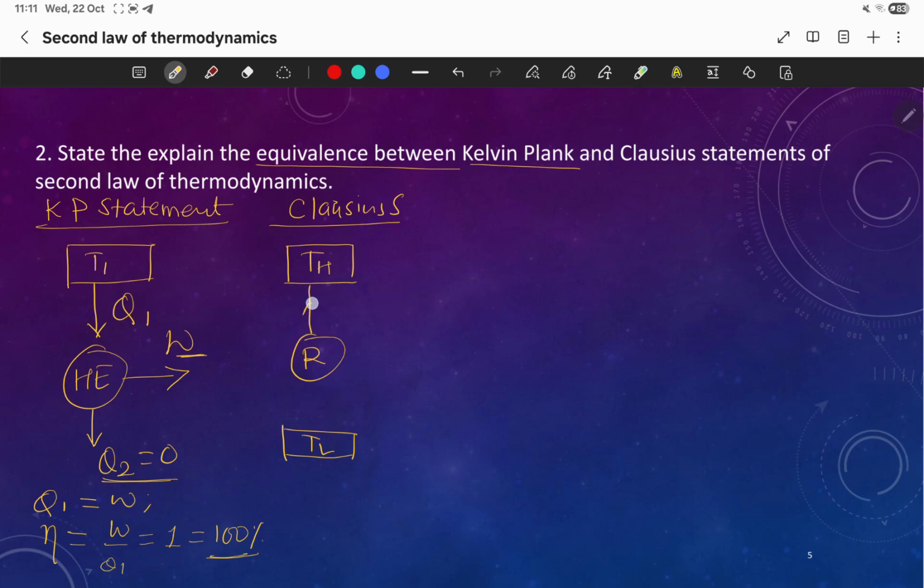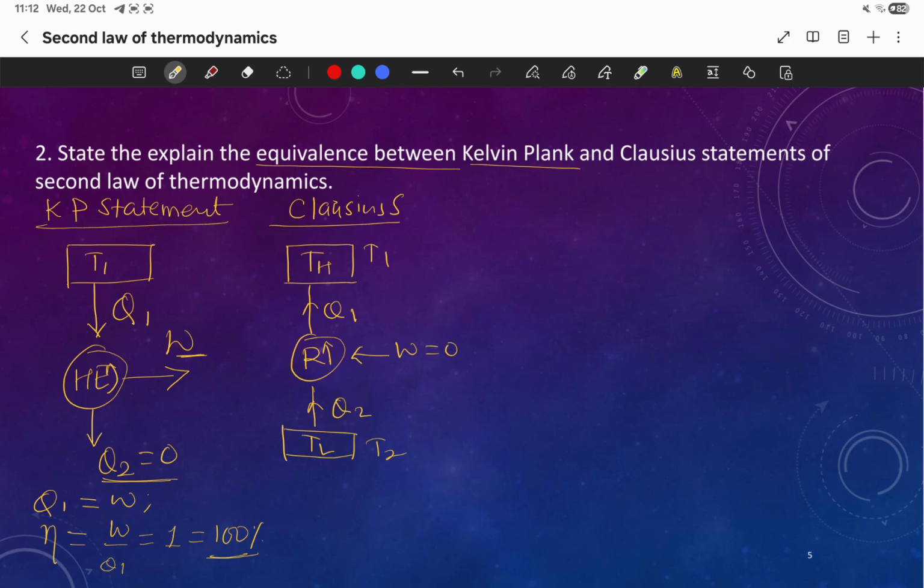So it says that it is impossible to develop a device operating on a cycle which transfers heat from lower temperature, let's take this T1, T2, this is Q2, this is Q1, from lower temperature to higher temperature without any work input. So this will be 0.